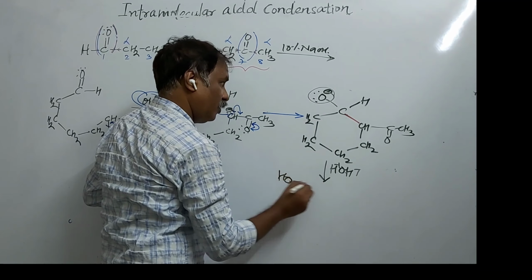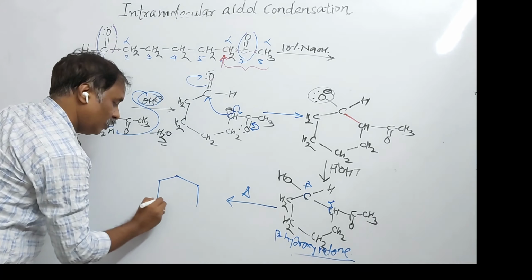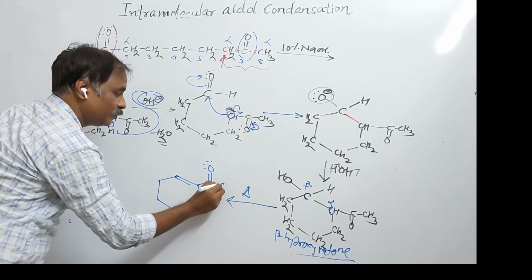This carbon is said to be alpha. This is beta, and this is the beta hydroxy ketone, because this is the alpha carbon, this is the beta. अगर इसको हीट किया, decomposition: removal of hydrogen from this alpha carbon and OH from beta, removal of what? H2O, and formation of a double bond here, and it gives alpha beta unsaturated ketone.